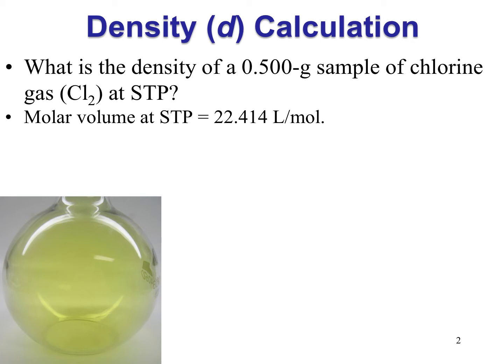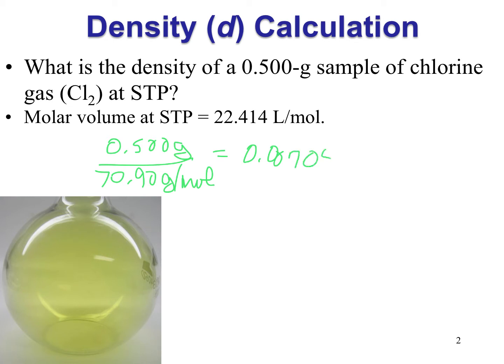The moles of chlorine gas are 0.500 grams divided by 70.90 grams per mole of chlorine, which is equal to 0.00705 moles of chlorine gas.